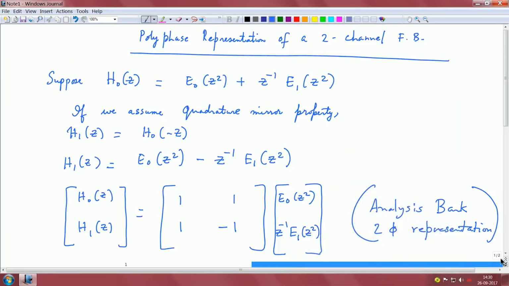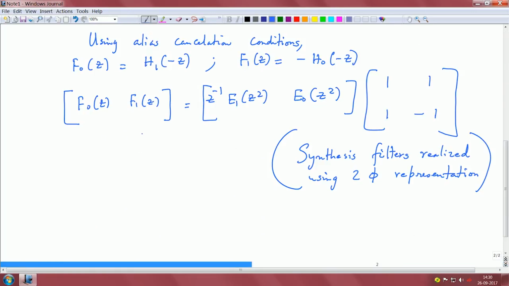For the analysis, somehow I wrote it in this form where I stacked them in the column format, and synthesis I did this in the row format. And the hint would be the type 1 and type 2 phase representations that I would want. Type 1 polyphase for analysis and type 2 polyphase for the synthesis. That is the sort of idea why we have stacked these filters in this form.